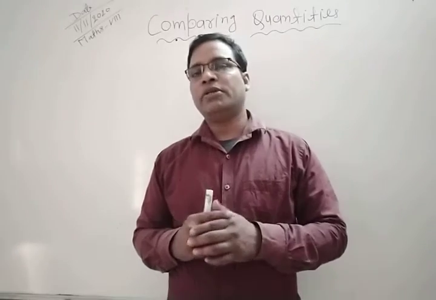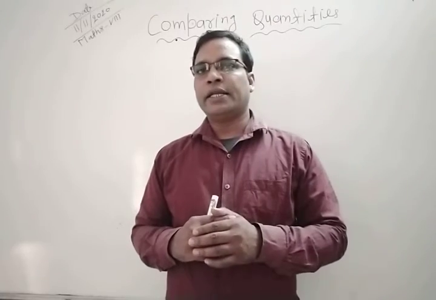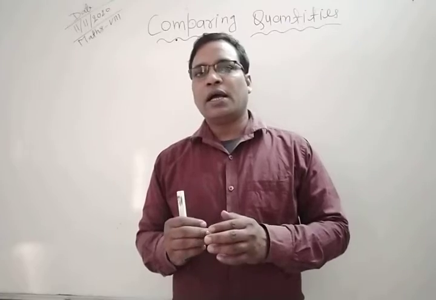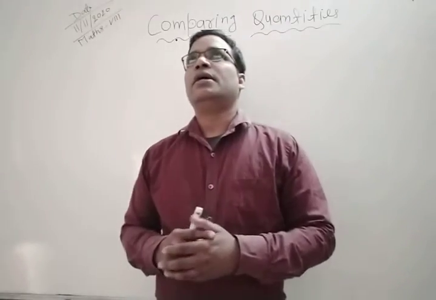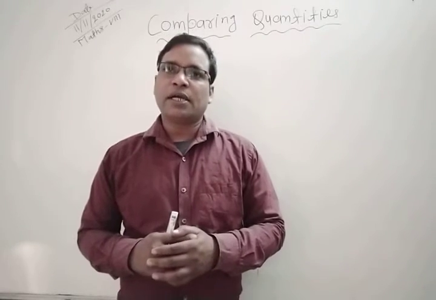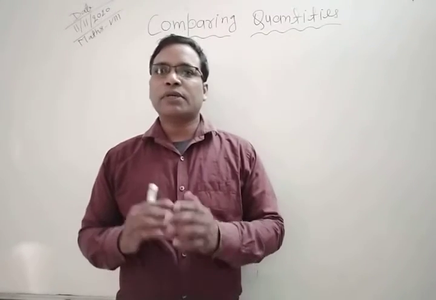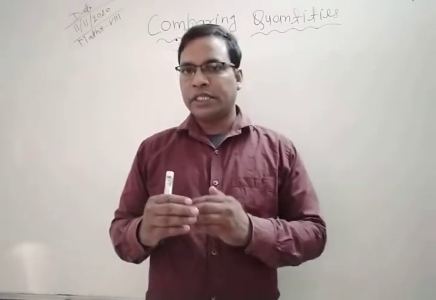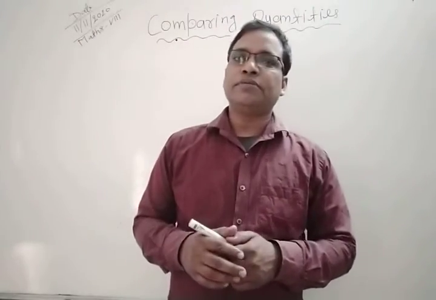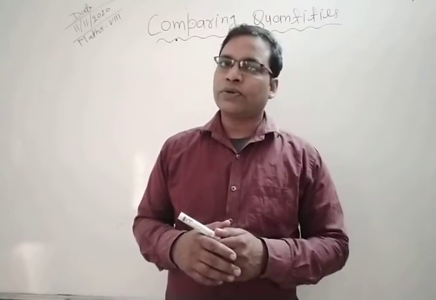After this we find the compound interest, and next we find the amount compounded annually, and again we find the interest compounded annually, and after this we compare whose interest is less or whose interest is more. Okay, so let's see how to solve these questions.